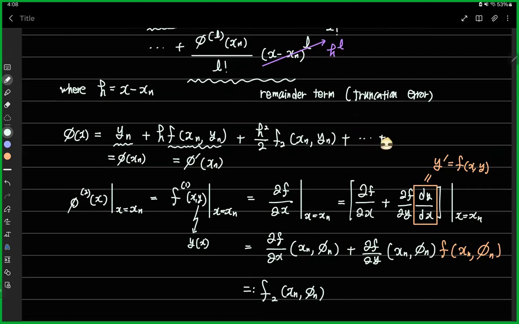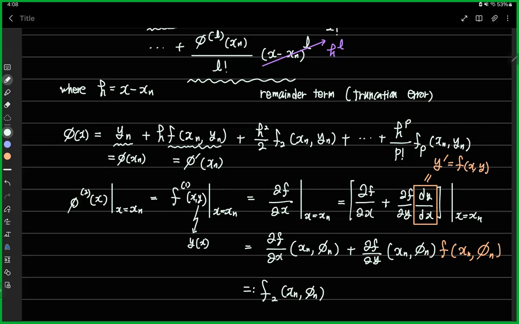So plus h to the p power over p factorial, and then f sub p. So f sub p means the p-th derivative of f with respect to x, at x_n comma y_n.